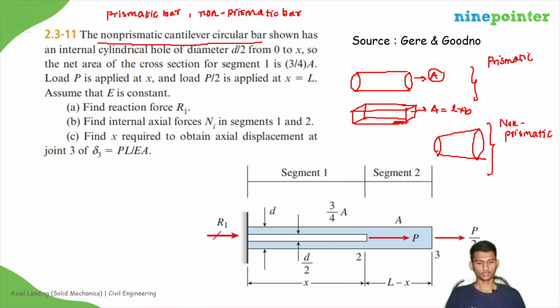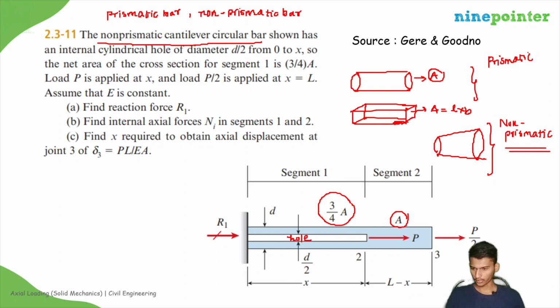Similarly, a rectangle with varying cross-sectional area can also be possible. So this is non-prismatic. If you see here, this has a cylindrical hole. This is hole. So this has a different cross-sectional area. Here it is A. Here it is 3 by 4 into A. So this is also a non-prismatic bar.